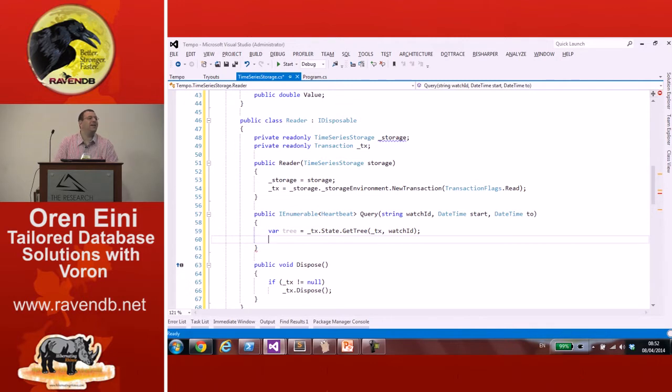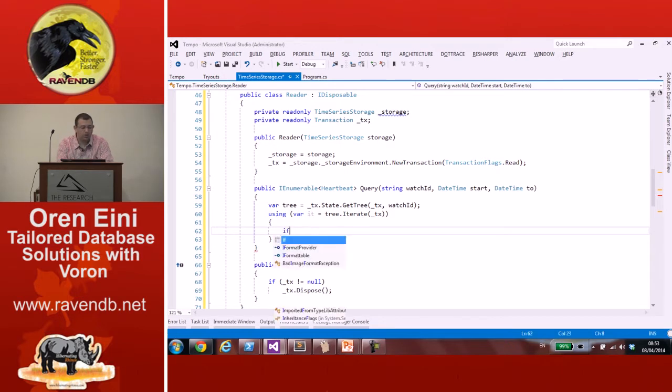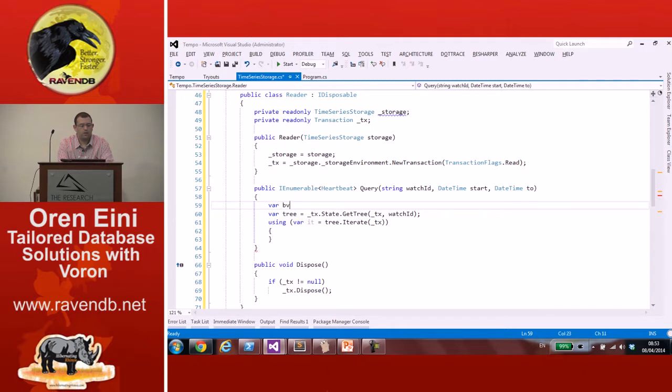We are now in a read transaction. If I'm trying to access a tree that does not exist, I'm going to have an exception thrown. Now, remember that in Voron, trees are just sorted B trees. That means that I can iterate over them. And that's important because I can do this. Start buffer.